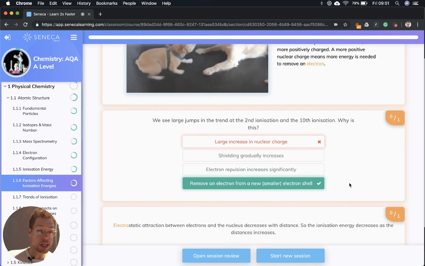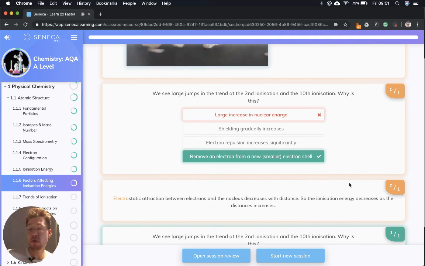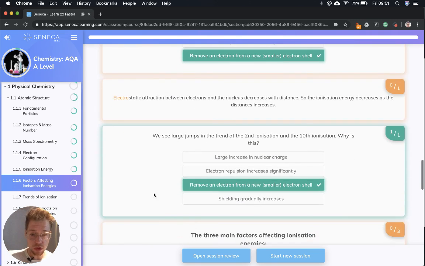So once again, why do we see that large jump between the second ionization energy and the 10th ionization energy? That's because we're removing an electron from a new, smaller shell. That 10th ionization energy in sodium, we're taking the electron from the first shell, which is going to be really close to the nucleus. So we're going to need all of our force and might to rip that electron away. Okay?